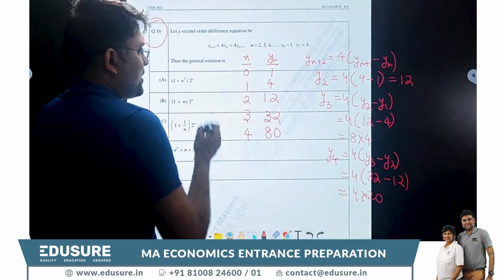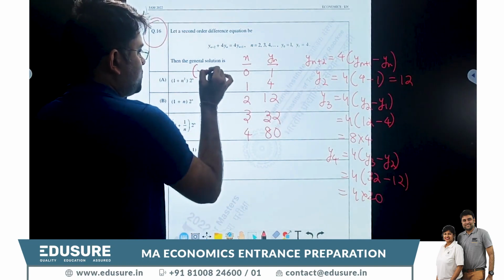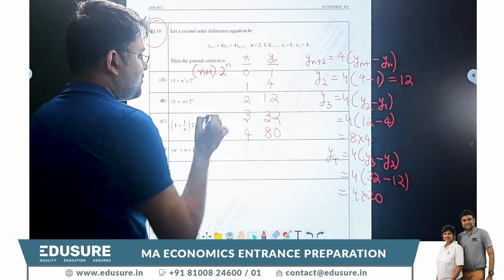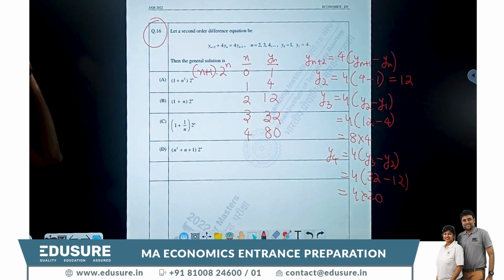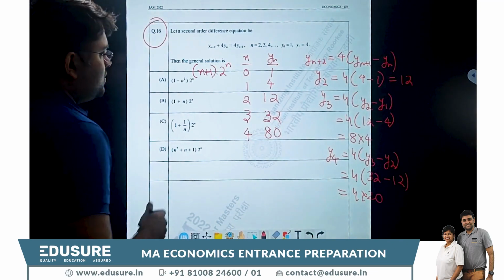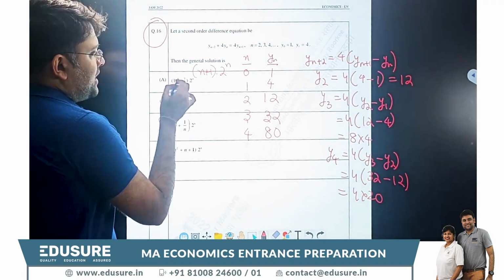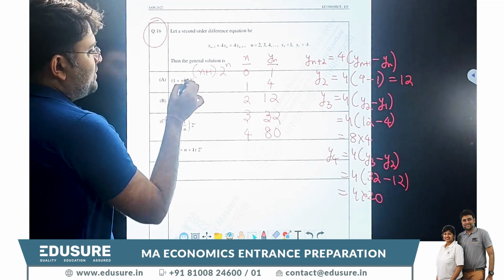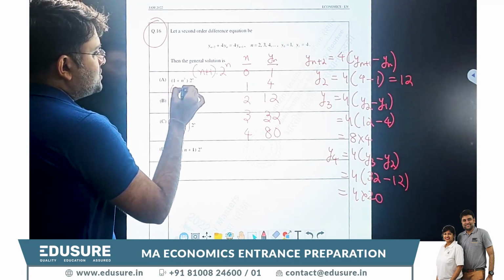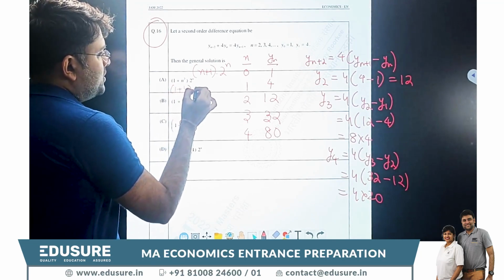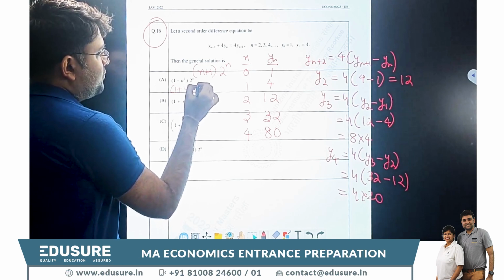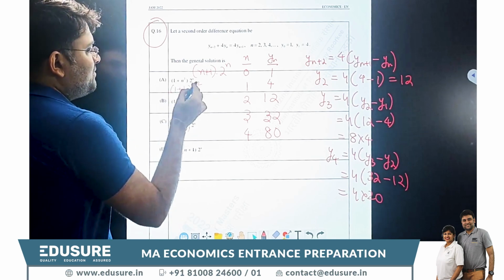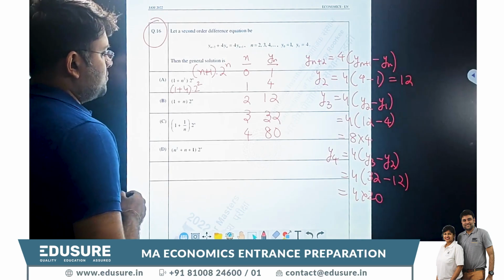So, am I not getting n plus 1 into 2 to the power of n? You can just put in the value of n here. N is equal to 2. If I put n is equal to 2, 1 plus 4 into 2 to the power of 2, 5 into 4.